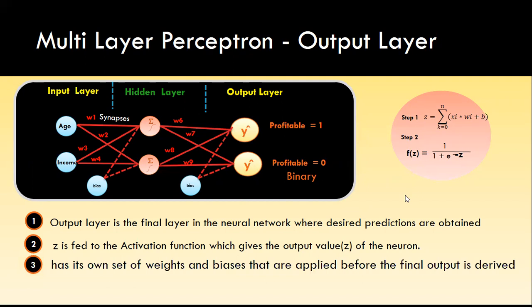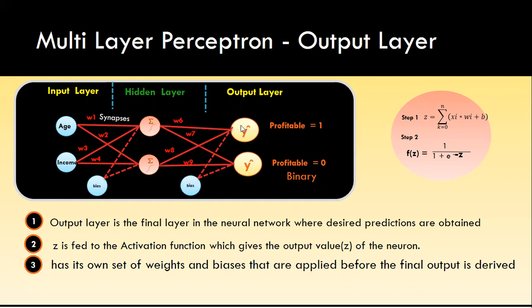The output layer has its own set of weights and biases that are applied before the final output is derived. So like the input layer, the output layer also has its own set of weights and biases. These are the weights, and look here, the bias is there even for the output layer.